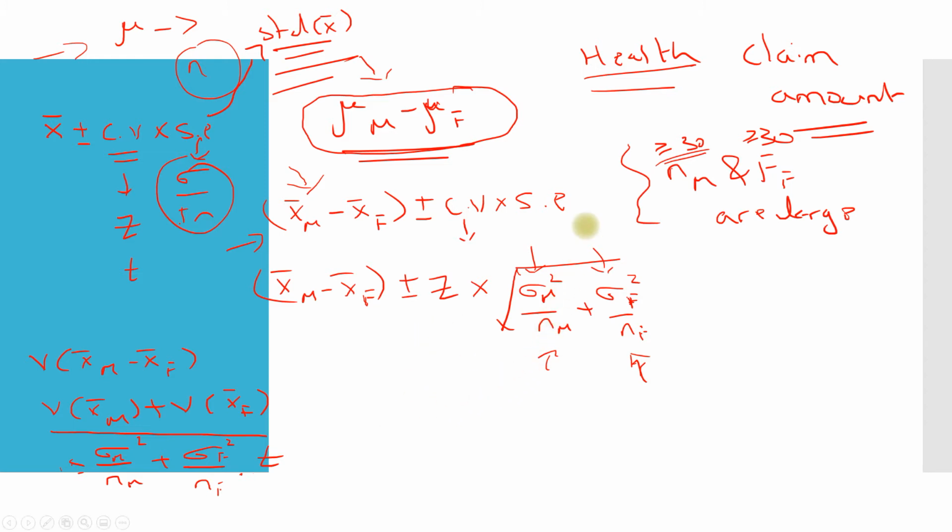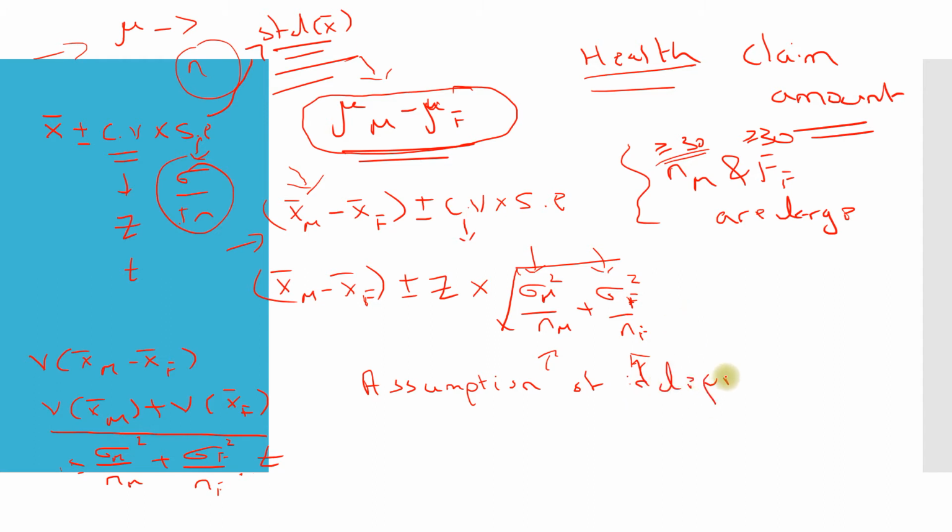Whenever you are given a question on confidence interval for two sample cases, you always have to make this assumption of independence. Here, we need the assumption of independence.